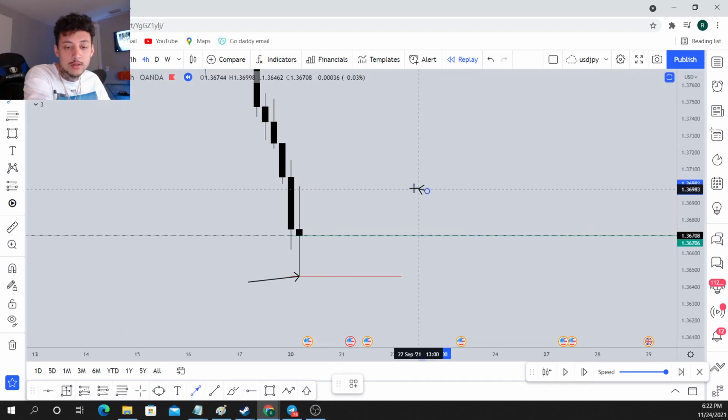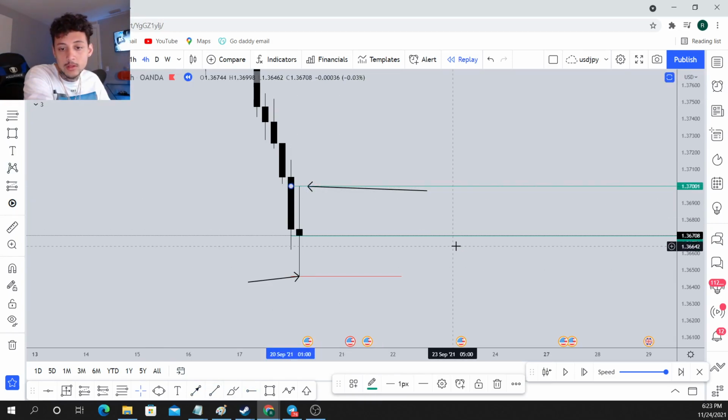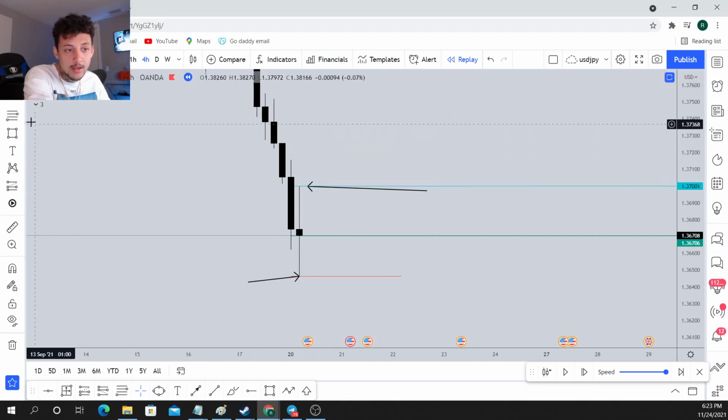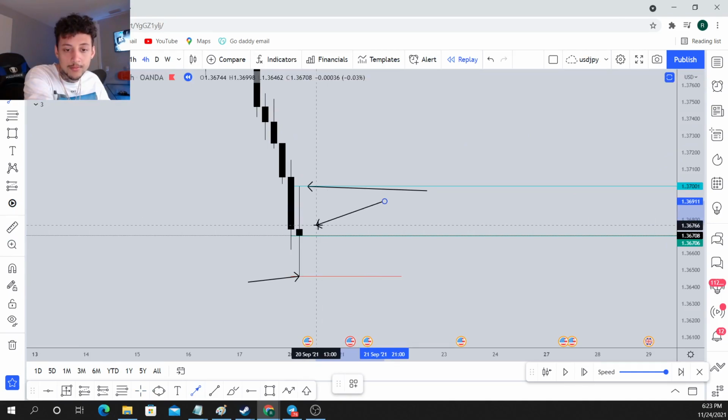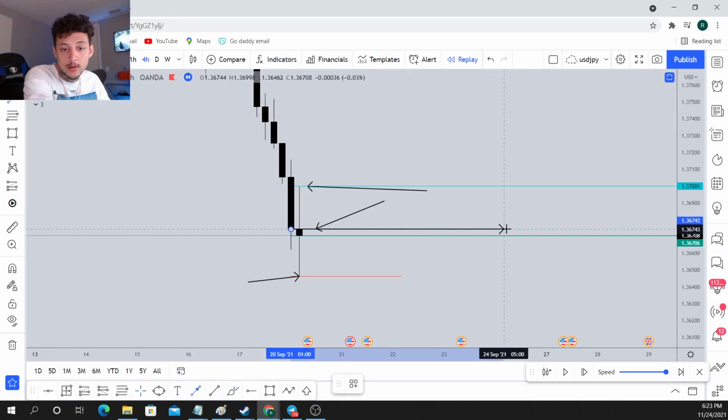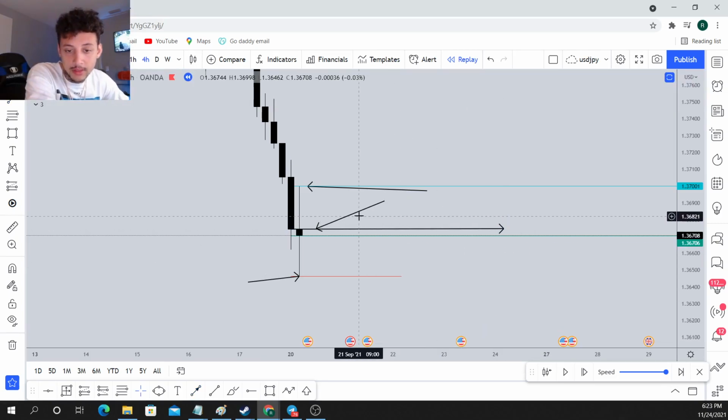Now this up here, let's make this a blue line. That is going to be the highest high. And then I'm going to make this right here the open of the candlestick itself. I'm just going to leave that there.